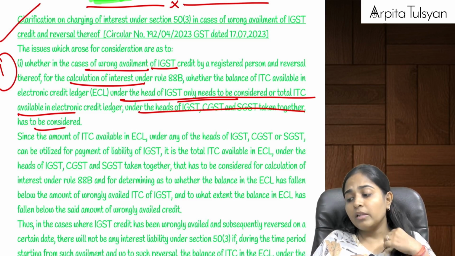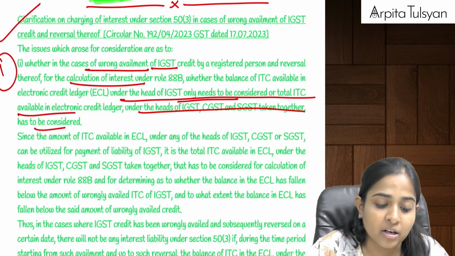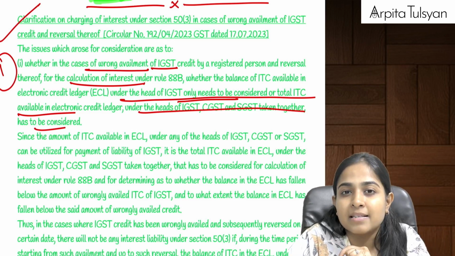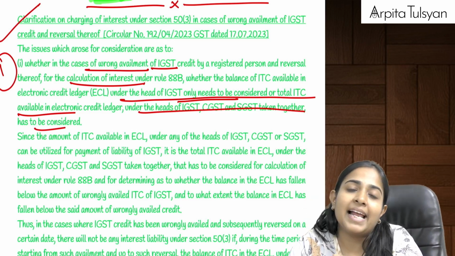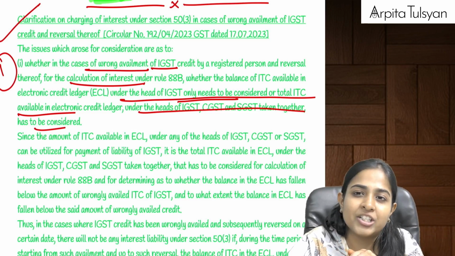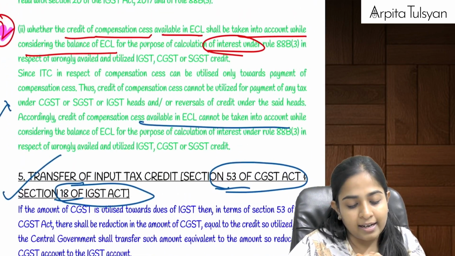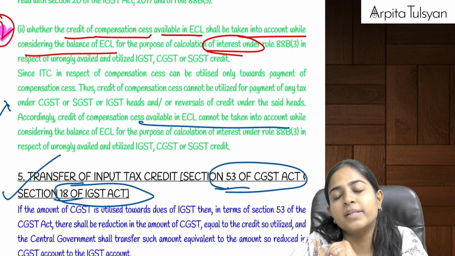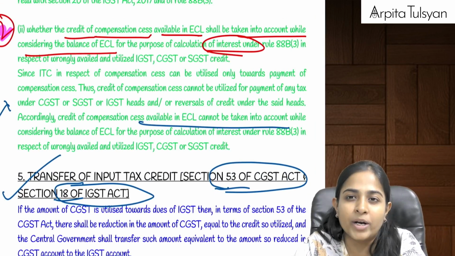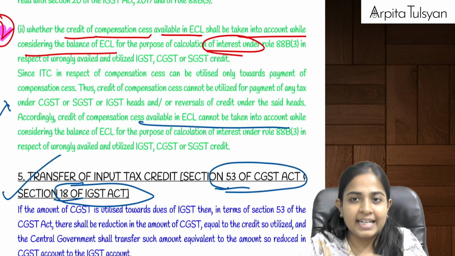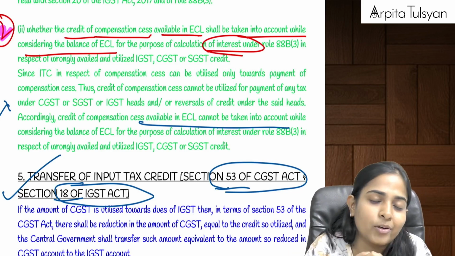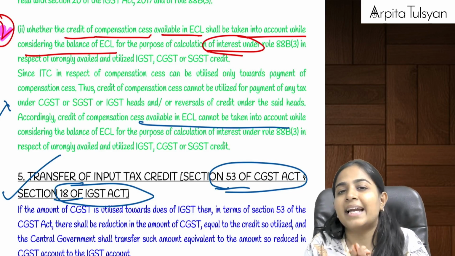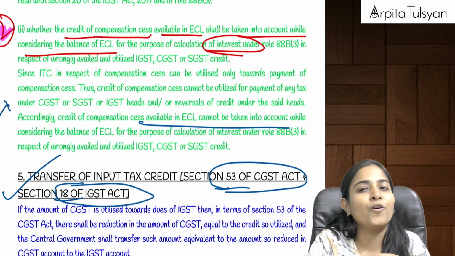Yes. Okay, but the second question which came to mind was, what about the compensation cess? Will that be included while calculating the total of the electronic credit ledger? So the answer is no. Any credit of compensation cess available will not be included in your electronic credit ledger for the purpose of interest calculation, because credit of compensation cess can be used only for payment of compensation cess.